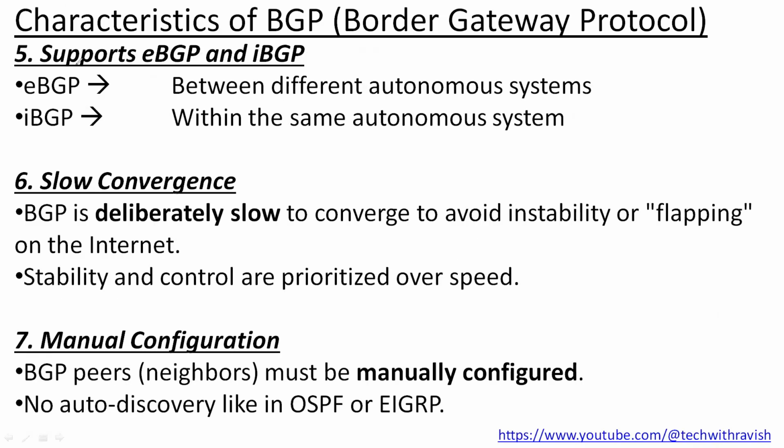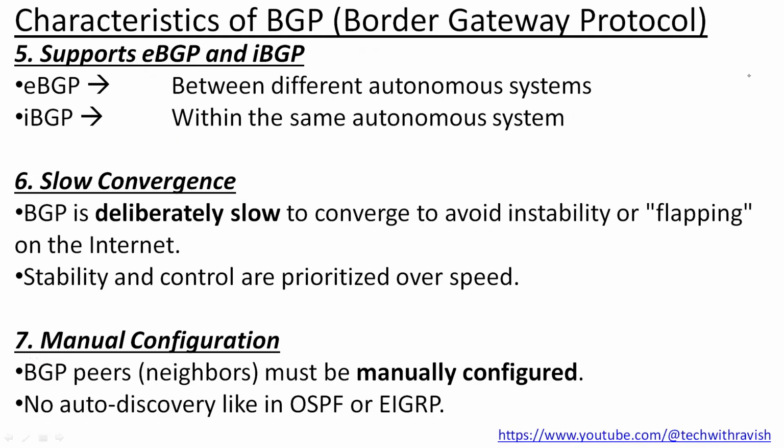BGP supports both eBGP and iBGP. eBGP is used to communicate with different AS numbers, and iBGP is used to communicate within the same AS number. It has slow convergence because of the large number of routes. It needs manual configuration, and all the neighborships are created manually.